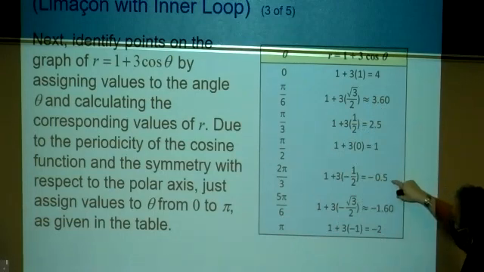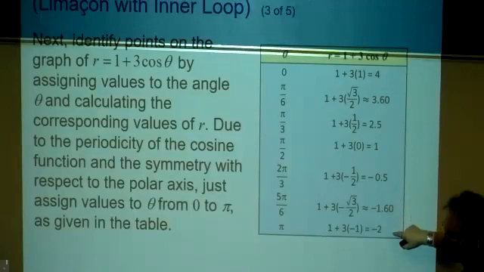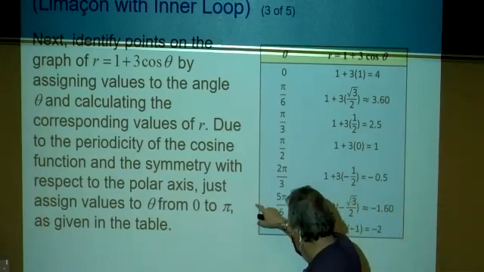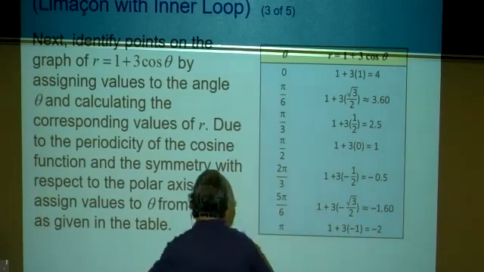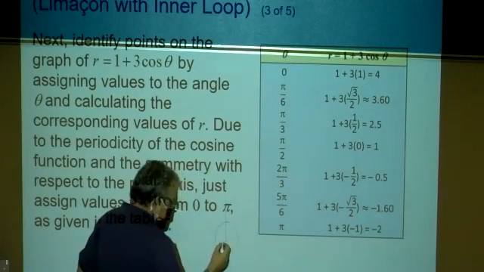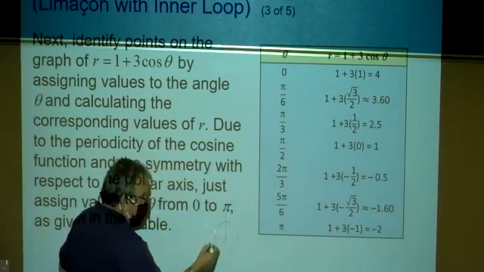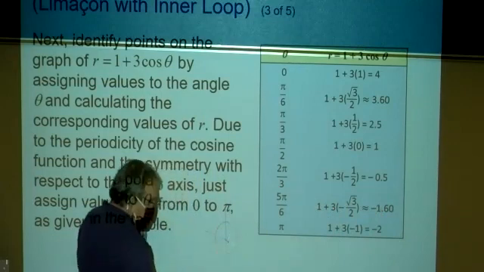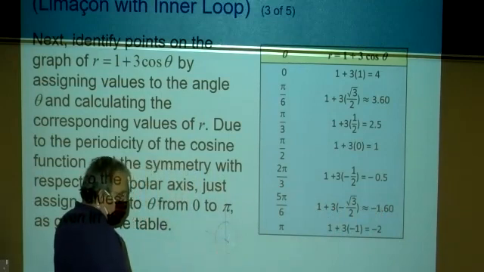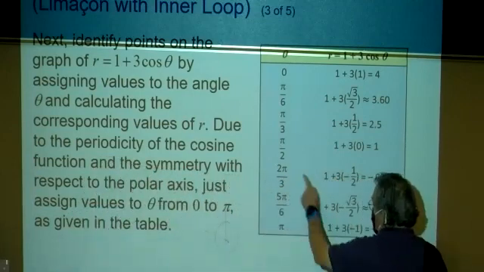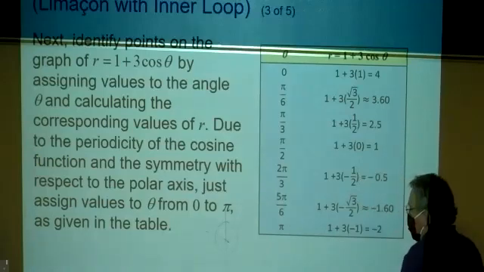Please notice that some of these values become negative. So the angle 5 pi over 6 goes over here, but we're going to do a negative 1.6 that way. So we're going to end up going in the opposite direction of this angle for these 3 points.